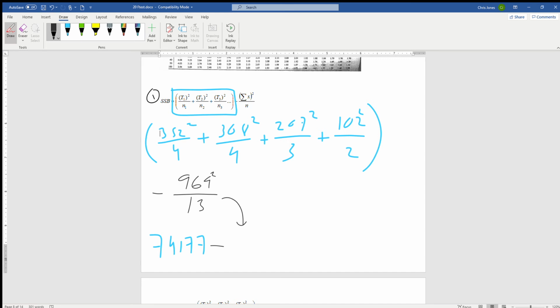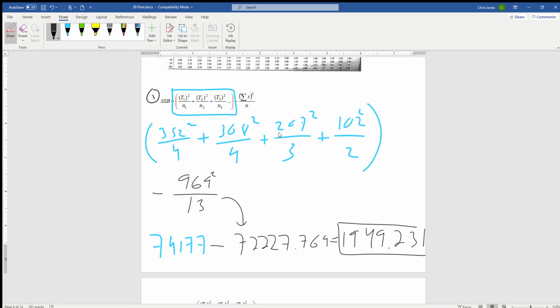So 969 squared over 13 is 72227.769. I'm going to punch that in the calculator, and I end up with 1949.231. We're going to hold on to that number because that's our SSB. It's one of the harder numbers to get.